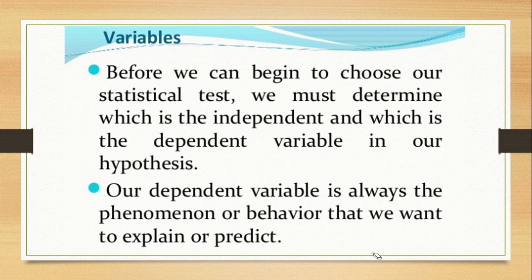Then we have what we call variables. Before we can begin to choose our statistical test, we must determine which is the independent and which is the dependent variable in our hypothesis. Our dependent variable is always the phenomenon or behavior that we want to explain or predict. Okay, so that is the dependent variable.